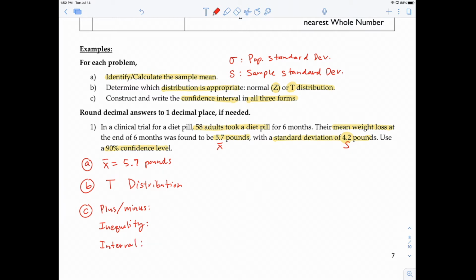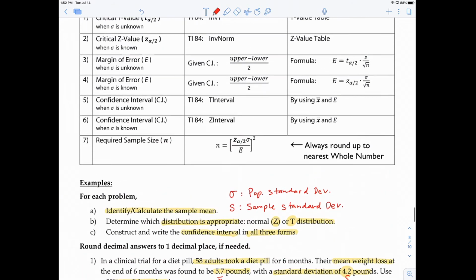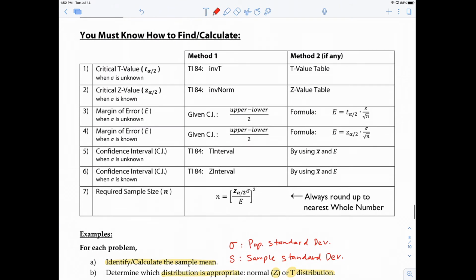So let's go the easy route. There is a function on the calculator that would calculate this for you. It is either the t interval or the z interval, depending on what distribution you're in. Because this is a t distribution, we're going to use the t interval function.